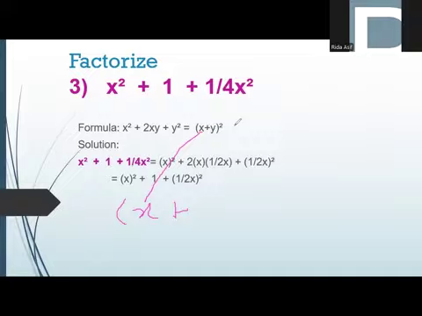This is x plus y whole square. So we get x plus, what is y? Your y is 1 upon 2x, right? Just close the bracket and put the square over it. So we get the answer x plus 1 upon 2x whole square.